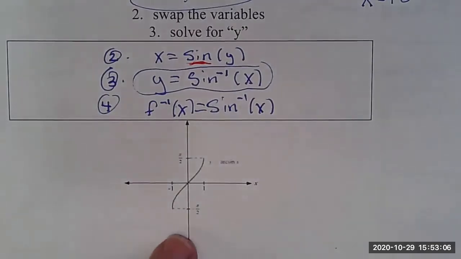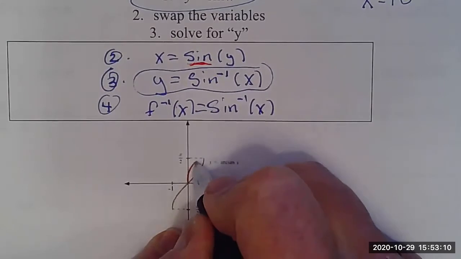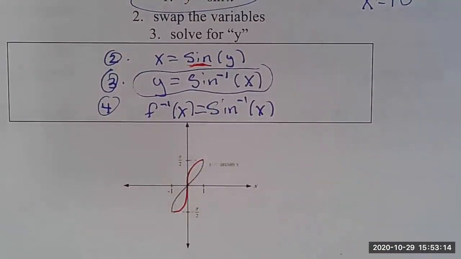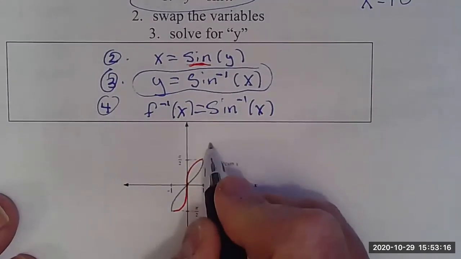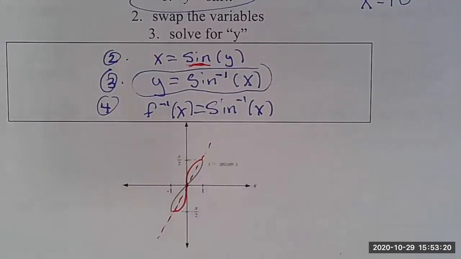That's the inverse. The other part would look like that. That's the original. The axis of symmetry would be y equals x.